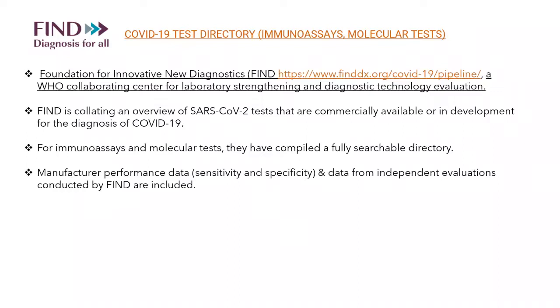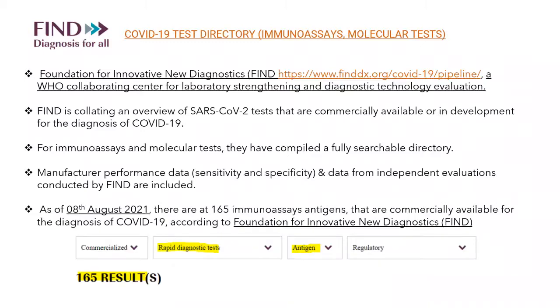They have compiled a fully searchable directory for immunoassay and molecular tests. Manufacturer performance data and data from independent evaluations conducted by FIND are also included. So as of August, there are 165 immunoassay antigen tests that are commercially available for the diagnosis of COVID-19, according to FIND.